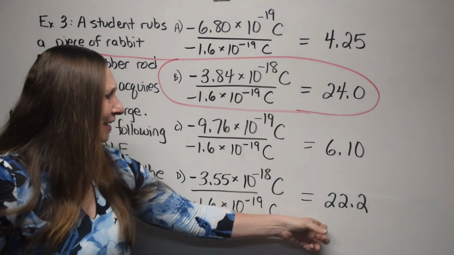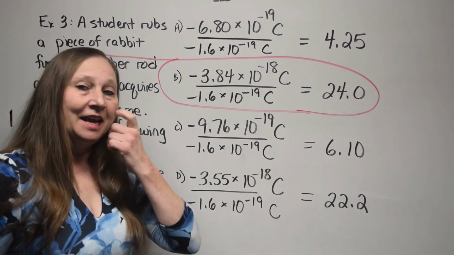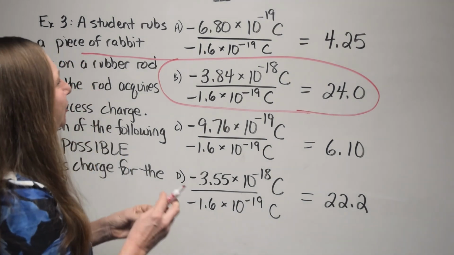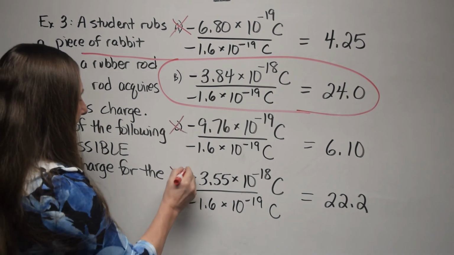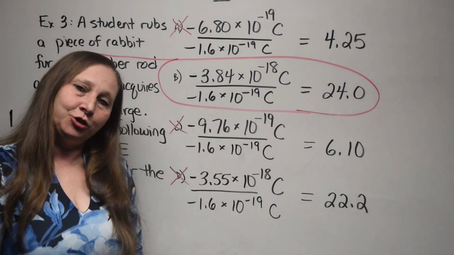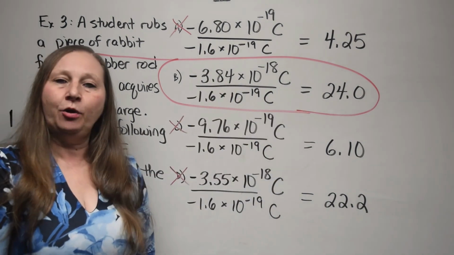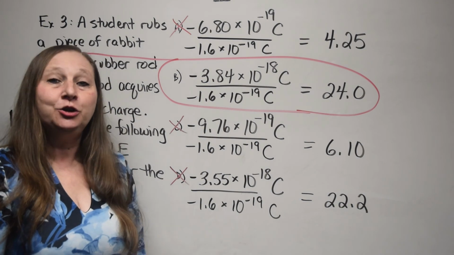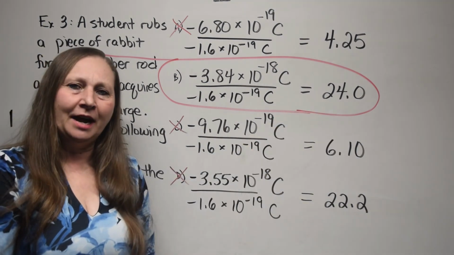I don't think so. And here we have 22.2 excess electrons. Again, I don't think so. So A is not possible. C and D are not possible. The possible excess charge on the rubber rod is negative 3.84 times 10 to the negative 18 coulombs, which would translate into 24 excess electrons.